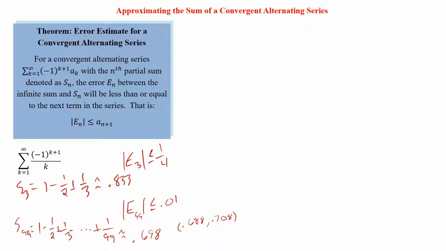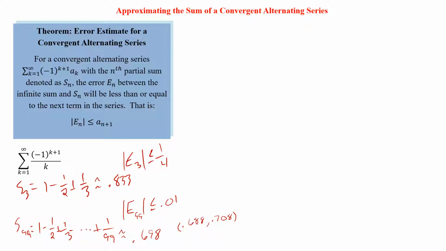And in fact, the sum of this one is actually the natural log of 2, which is 0.693 something something something, which is in between there. So that's what it is. If we wanted to be even closer, we would just have to take a bigger partial sum.